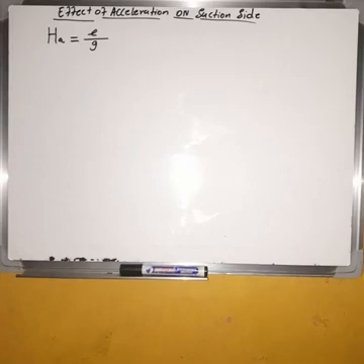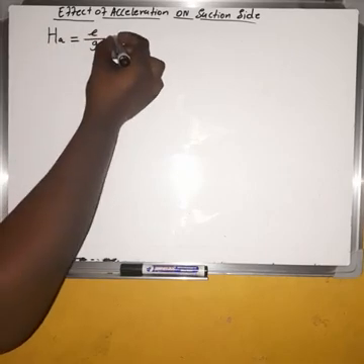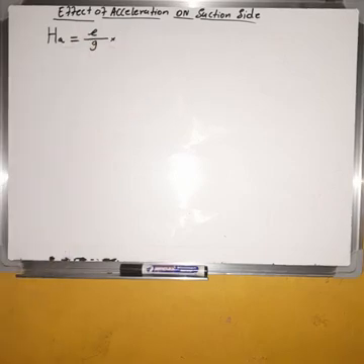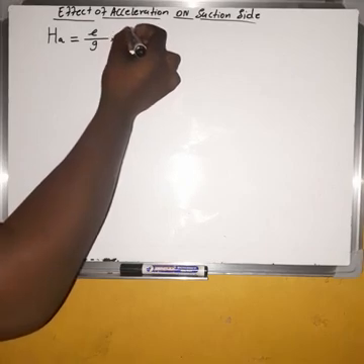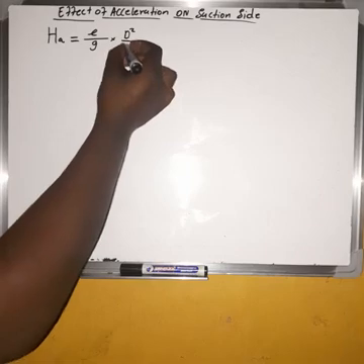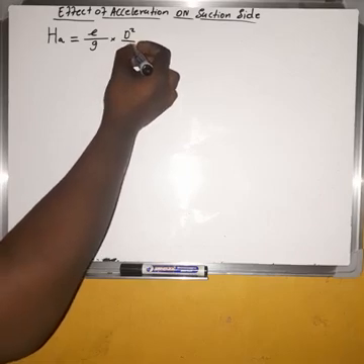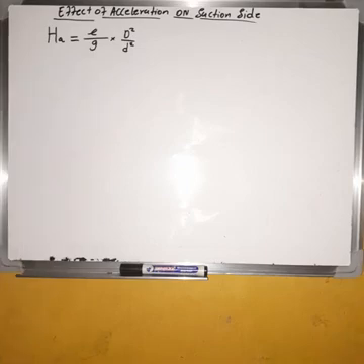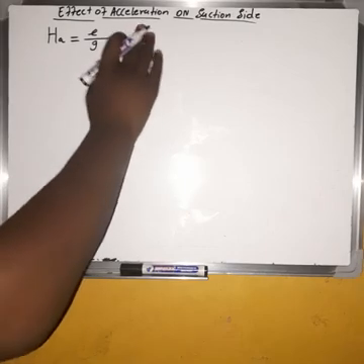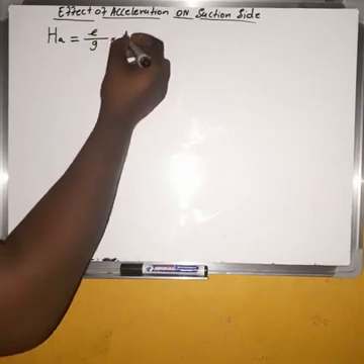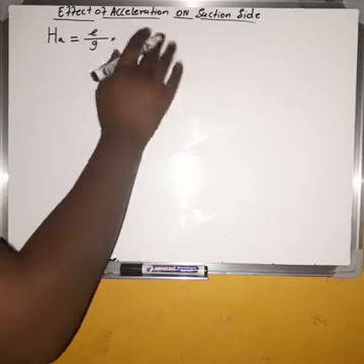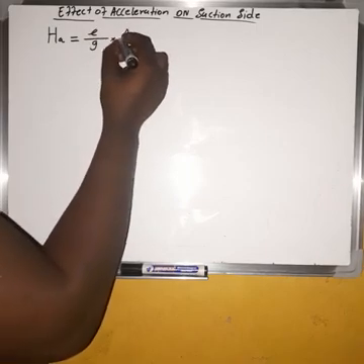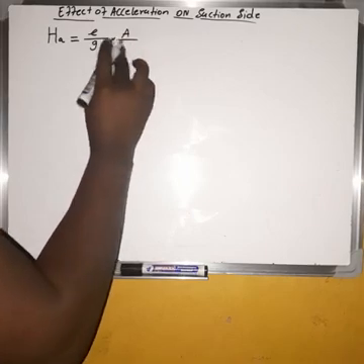Over g, which is gravity. Multiplied by d squared over d squared, in actual fact; or let me just say multiply by the area, big A over small a.